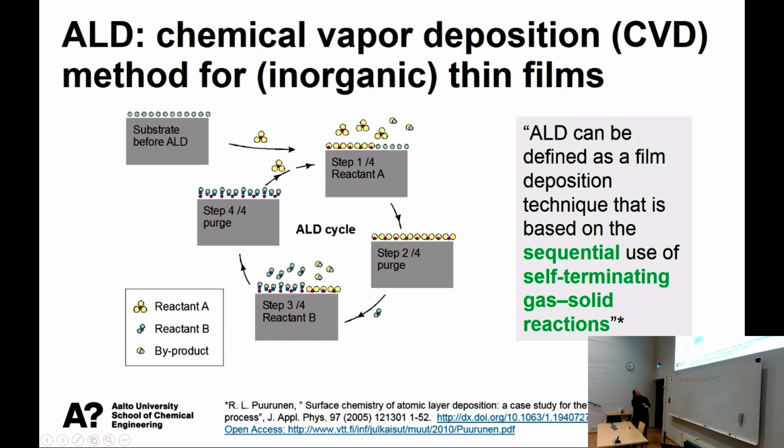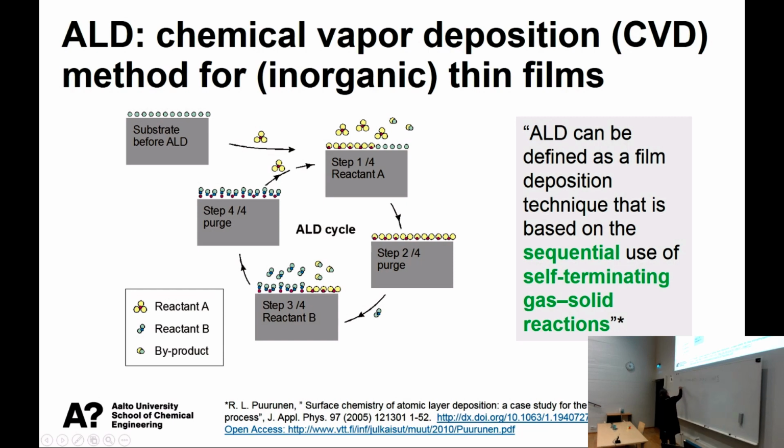Then the excess reactants are removed so that we have a clean system, typically in some inert gas, but it can also be in vacuum. And then you bring in the second reactant, and that reacts with the surface left behind by the first reactant, in a way regenerating it so that we can continue the cycle. In each reaction, you are growing some material.